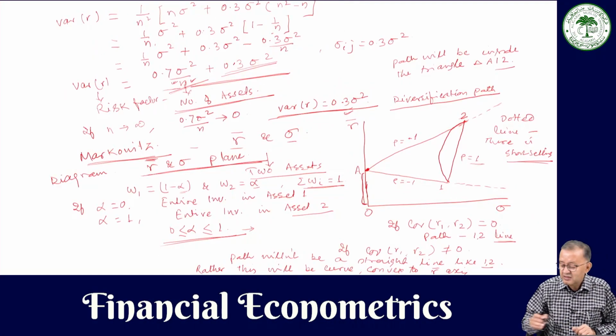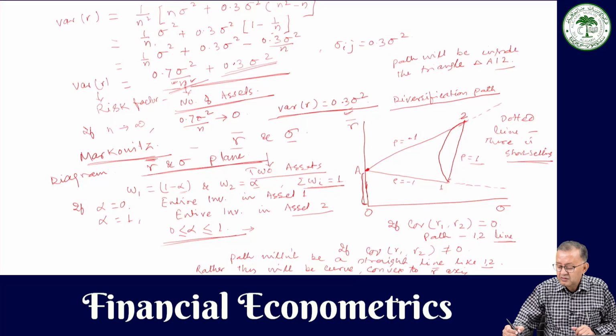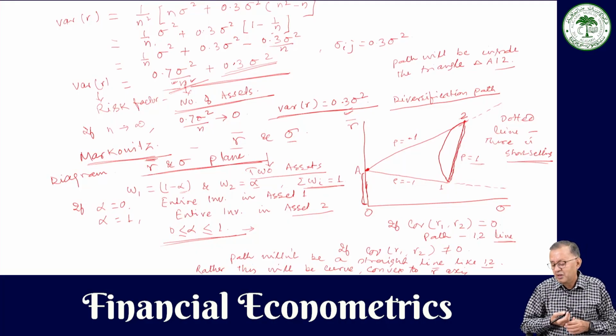You can see this diagram. You move here through a straight line because this R as well as sigma is a linear combination of alpha, depending upon the value of alpha. If you are at this point, total investment is being made in asset 1.